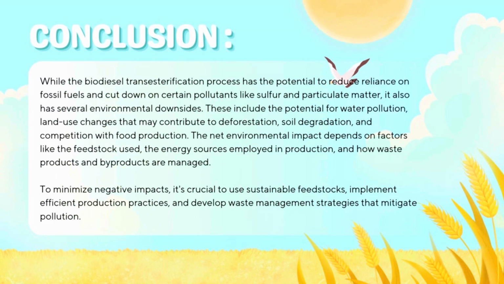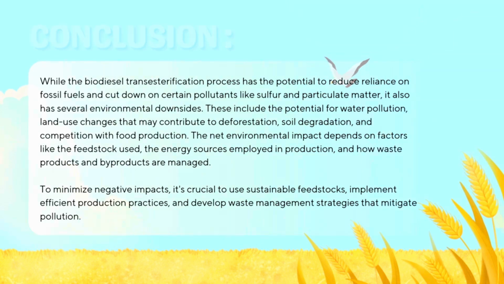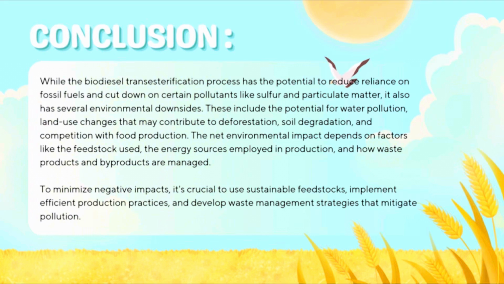Conclusion: while the biodiesel transesterification process has the potential to reduce reliance on fossil fuels and cut down on certain pollutants like sulfur and particulate matter, it also has several environmental downsides. These include the potential for water pollution, land use changes that may contribute to deforestation, soil degradation, and competition with food production.